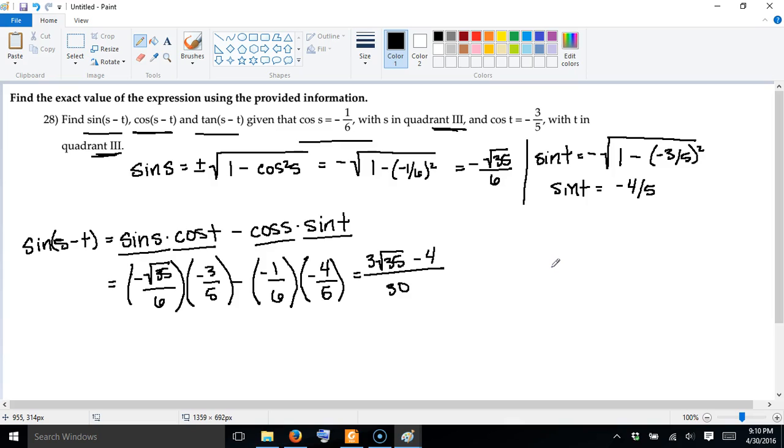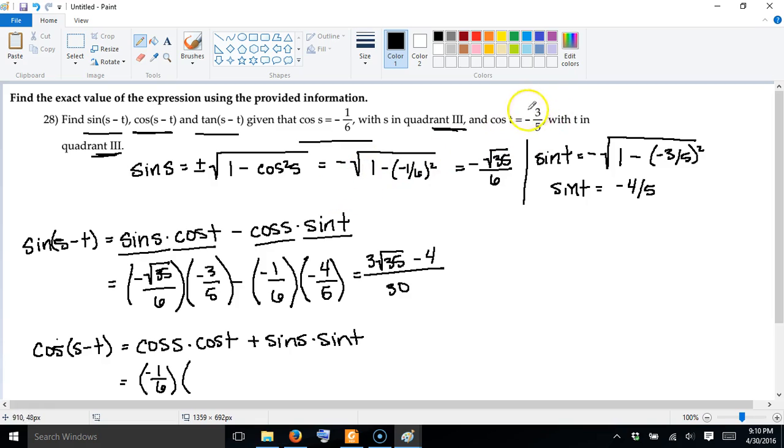Now to find cosine of s minus t, we do it in the same way. We use the identity for cosine of the difference of two angles, which breaks out to this. Cosine s times cosine t plus sine s times sine t. Now plug in these values. Cosine of s is your negative 1/6.